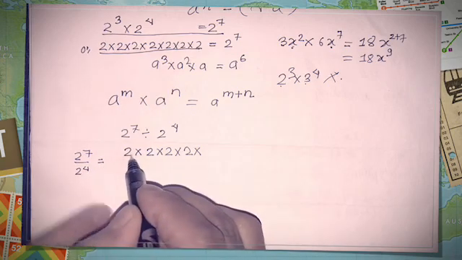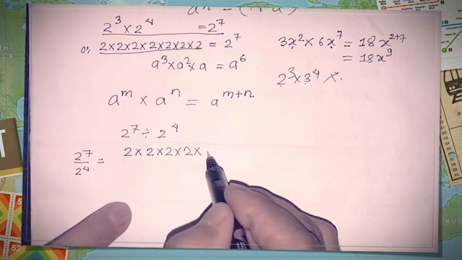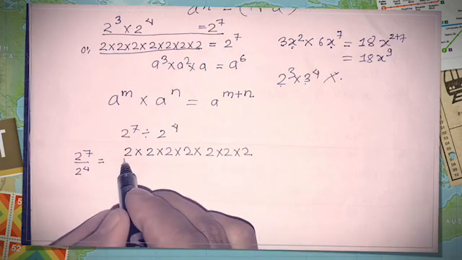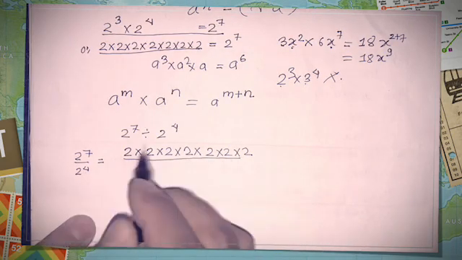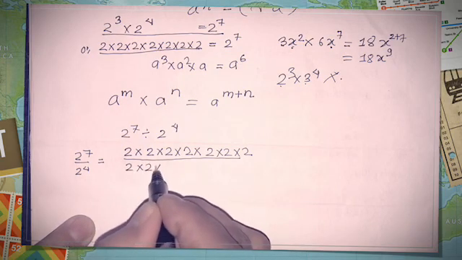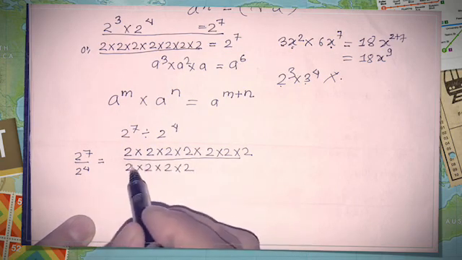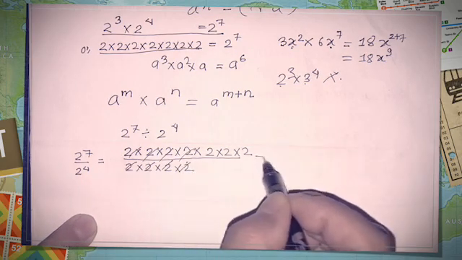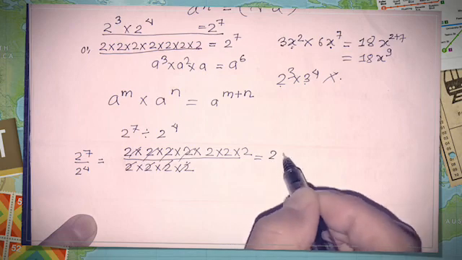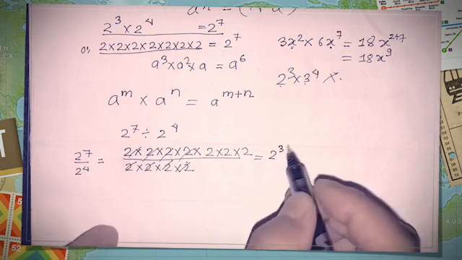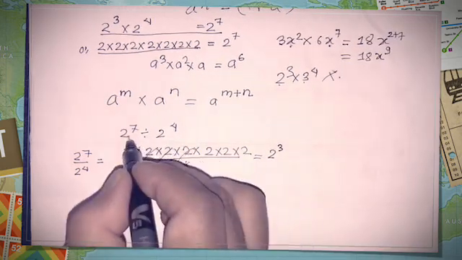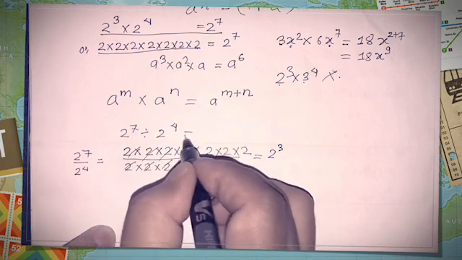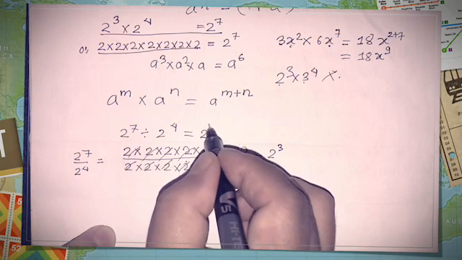That is 2 multiplied 7 times over 2 to the power 4, that is 2 multiplied 4 times. We can cancel, and what is left here? 2 multiplied 3 times. So 2 to the power 7 divided by 2 to the power 4, the result is 2 to the power 3.